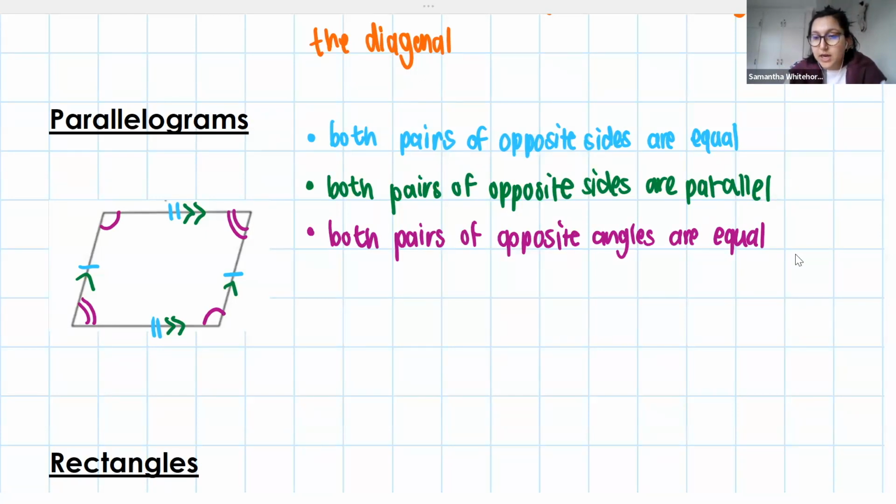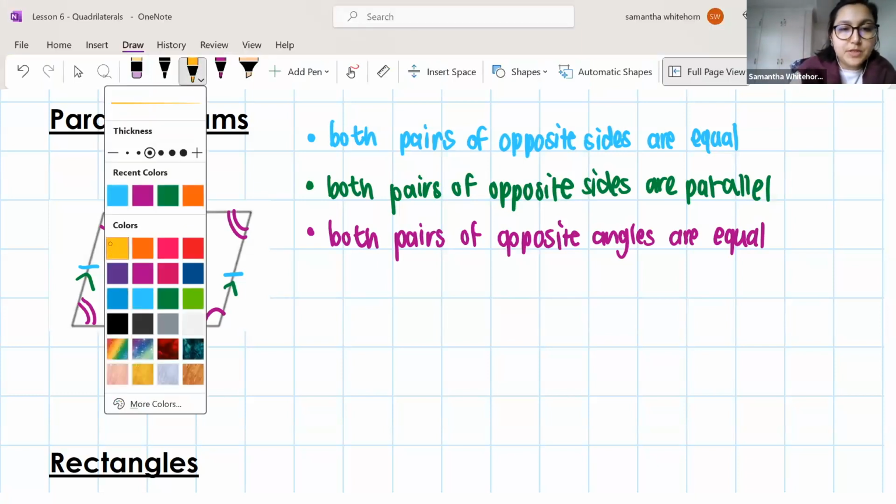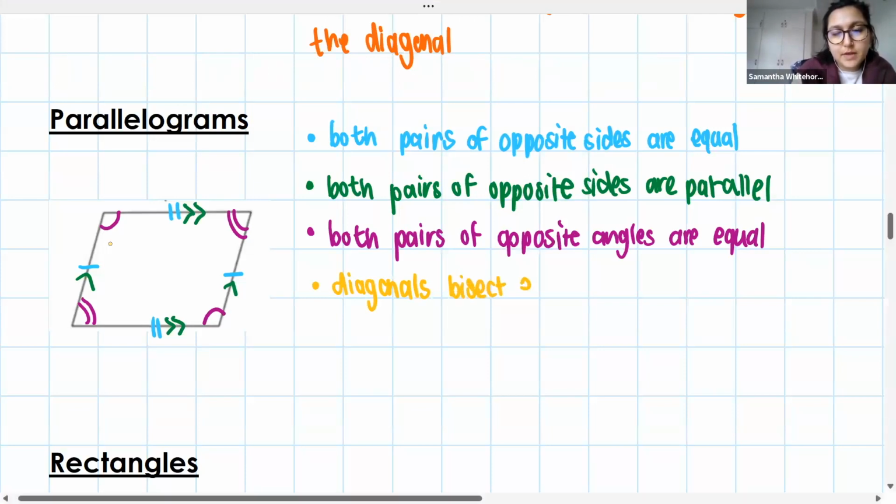I'm going to head to the chat because I can see we've got a couple there. Quite a few of you have spoken about the diagonals, the fact that the diagonals bisect each other or cut each other in half. So let's add that. Our diagonals bisect each other.